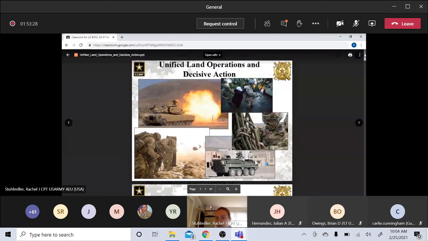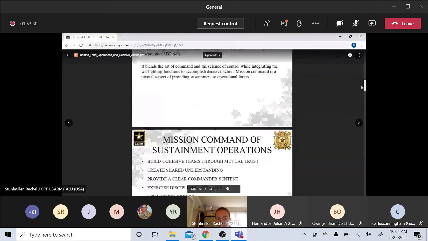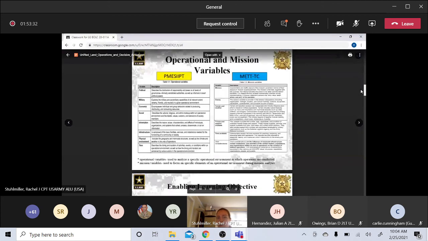Okay, so we see our mission command. Now, we really highlighted these operational and mission variables in the course with Mr. Wilcox, so you're going to see these themes throughout. When we are planning our operations, we have to use these.